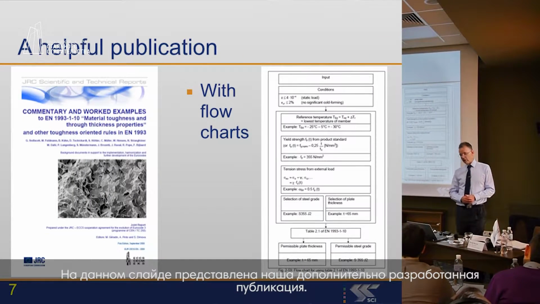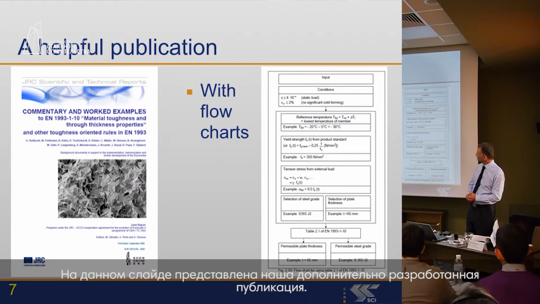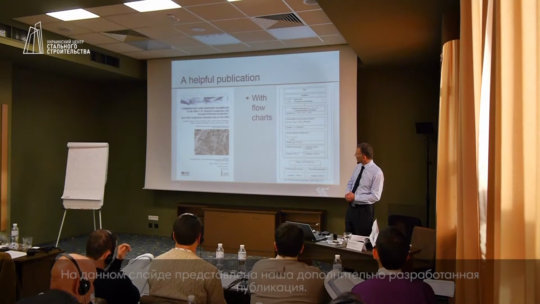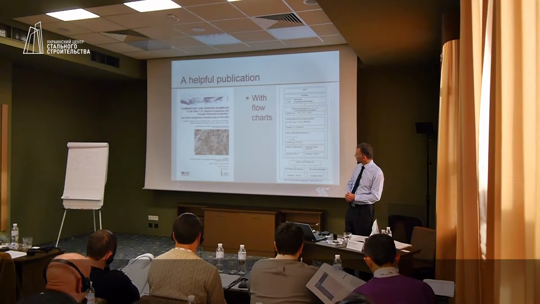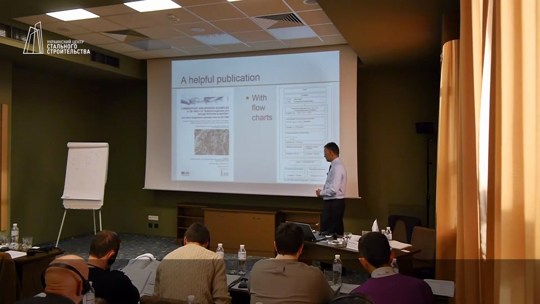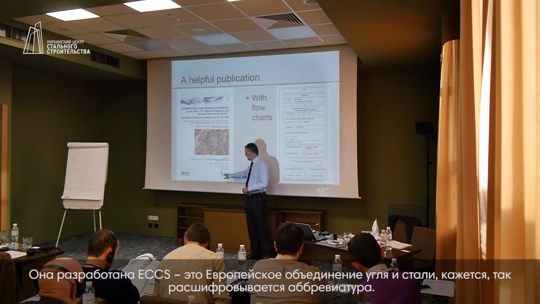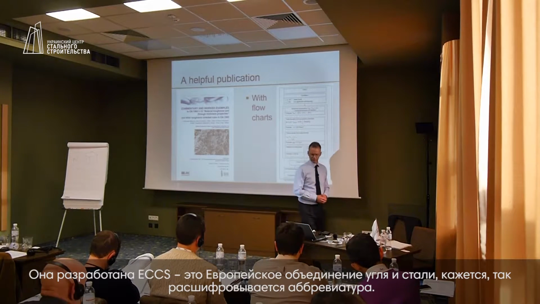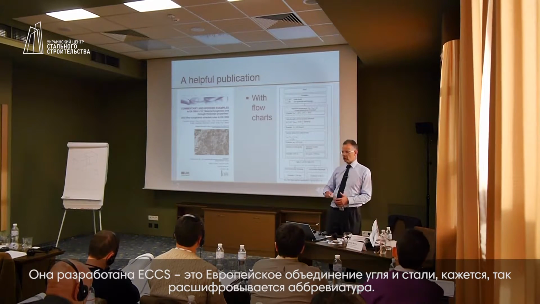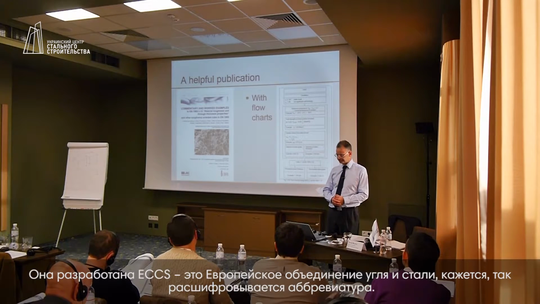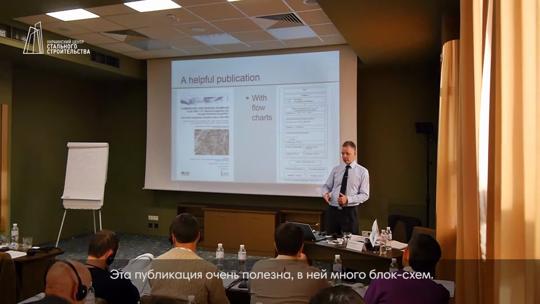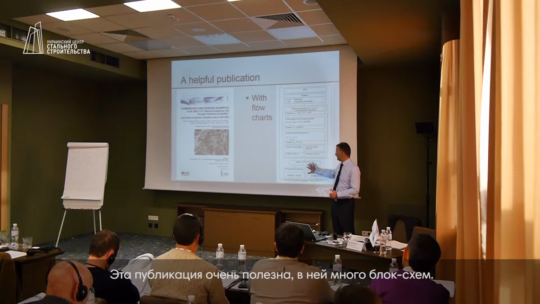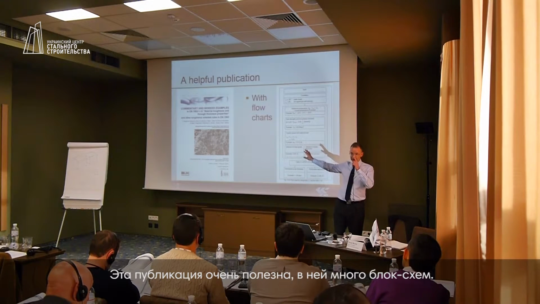Here is a helpful publication from ECCS, the European Convention for Constructional Steelwork, I think. It's helpful because it gives you some background and it also gives you some flowcharts.